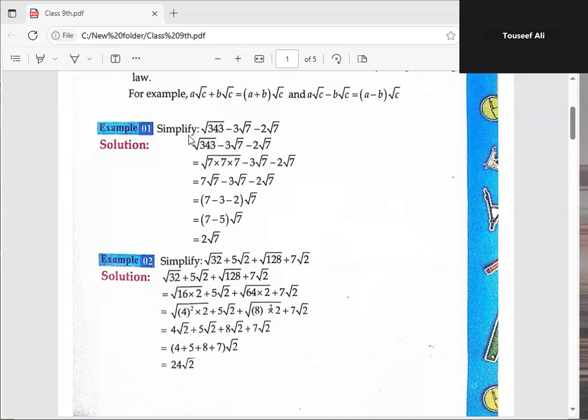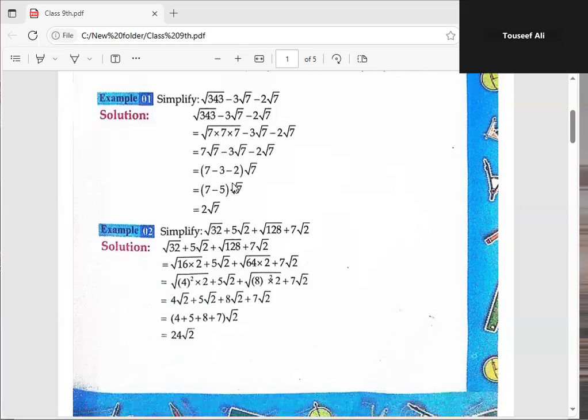When we prime factorize 343, the terms formed are 7 multiplied by 7 multiplied by 7. 7 sevens are 49, 49 multiplied by 7 is 343. So when we combine two of these terms, it becomes 7 square. 7 square and the root cancel each other, and the remaining 7 will remain, and the root 7 stays as it is. And these two terms are already in simplified form, so they come as they are.